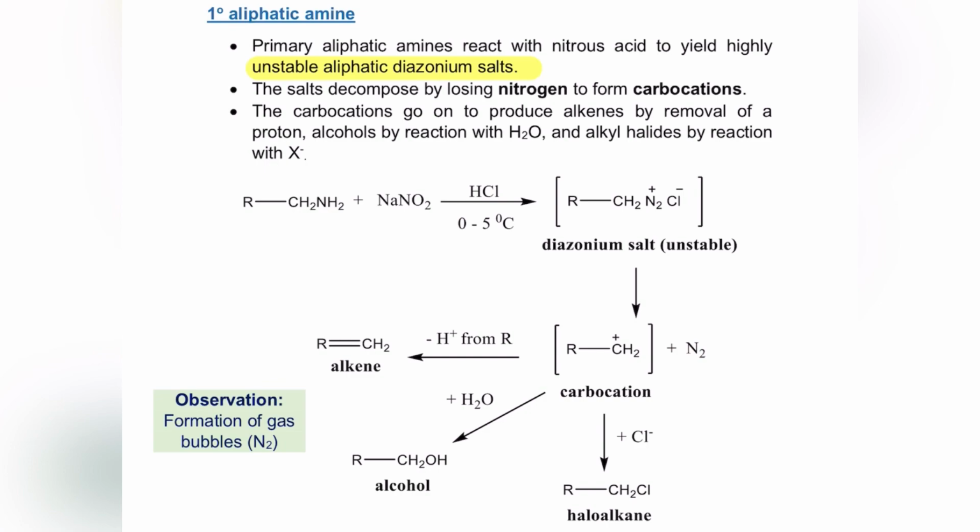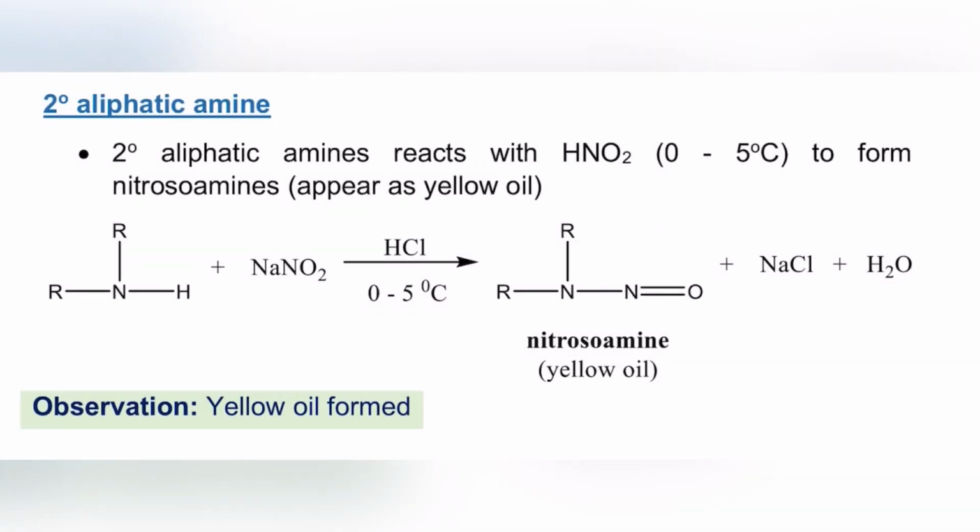Untuk secondary aliphatic amine, when it reacts with nitrous acid, so ingat in situ NaNO2 dan HCl dekat atas, boleh juga nak guna H2SO4 dekat sini, tak ada masalah. Condition adalah 0 to 5 degrees Celsius. Awak ada secondary aliphatic amine because two alkyl groups here. What we are going to do, we are going to form nitrosoamine.